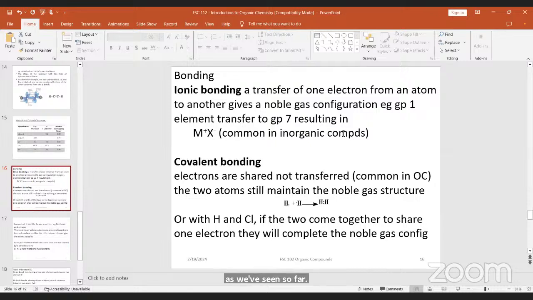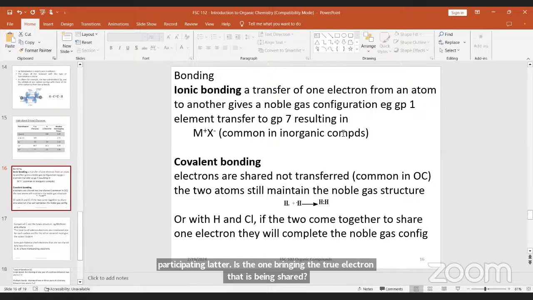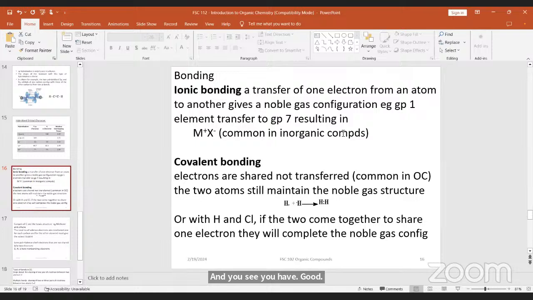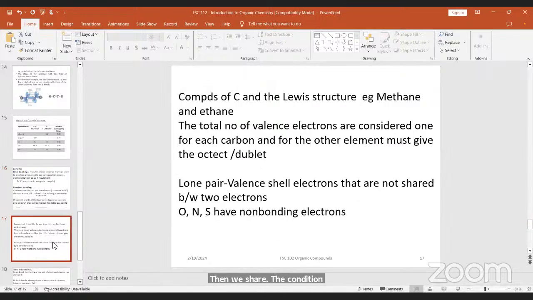There could be another way whereby one of the participating atoms is the one bringing the 2 electrons that are being shared. Then you say you have coordinate bonding or coordinate covalent bonding. But by and large, in organic chemistry, the common bonding that's present is the covalent bonding, whereby you bring 1 electron, I bring 1 electron, then we share to fulfill the condition for forming a bond.